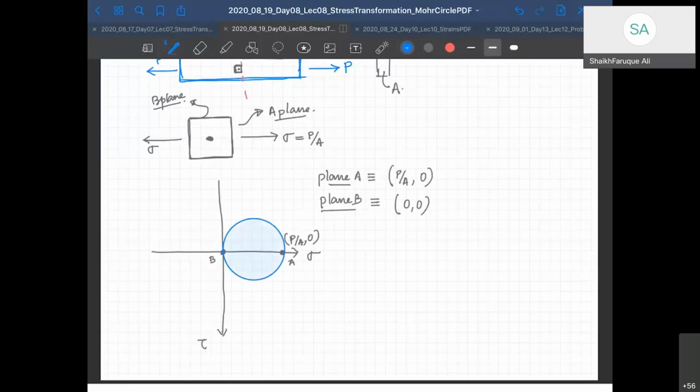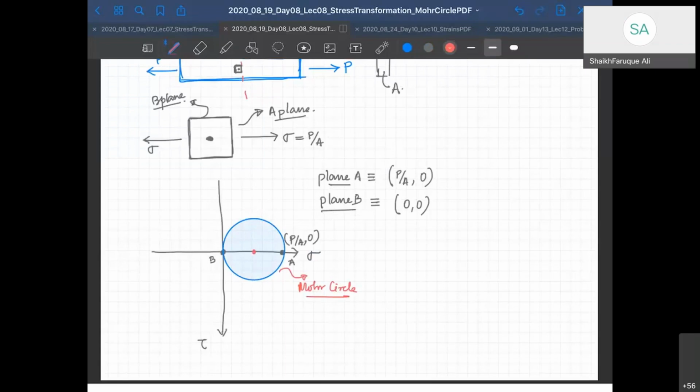Aha, fantastic. So I've drawn a circle between them. That's my motorcycle, right? Now my center point, I know it will be somewhere here, P by 2A.